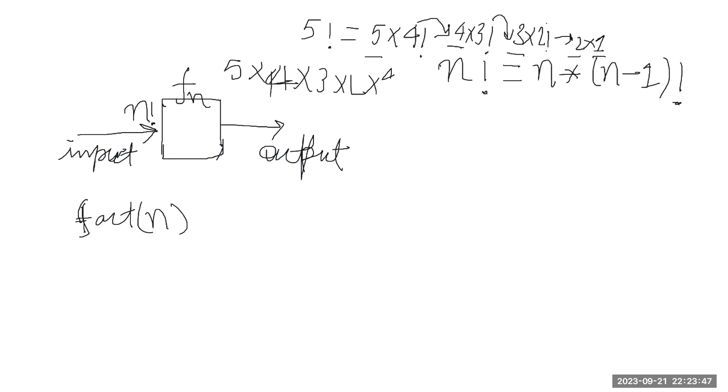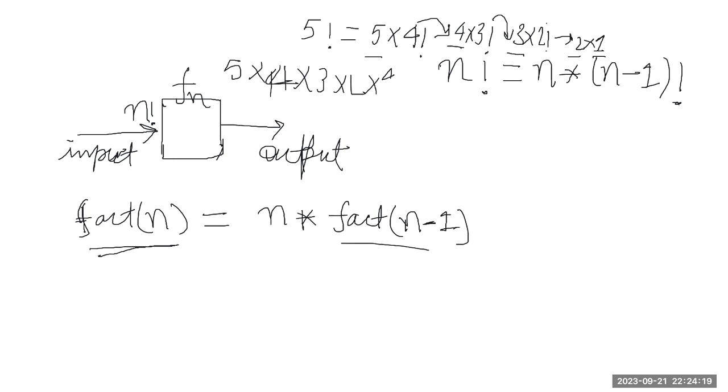If I ask my function to calculate this factorial n, this function is telling me n into factorial n minus 1. FACT refers to factorial, basically, not fact. So what it means is that it is moving from a bigger thing to a smaller thing.